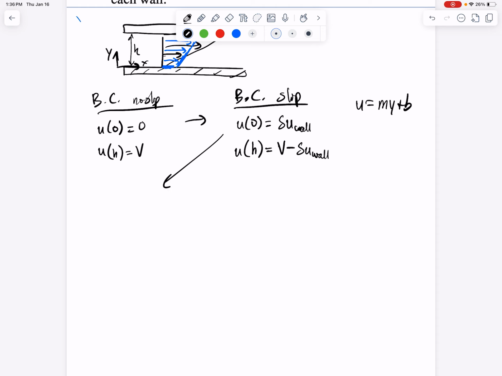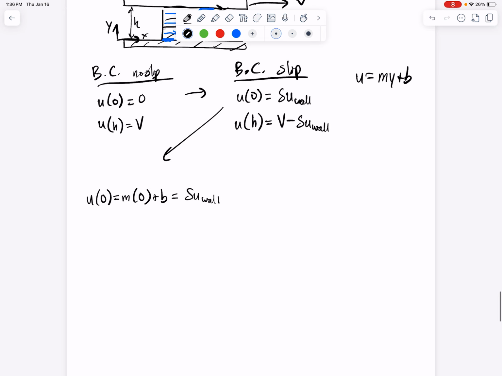So u(0) is equal to the slope times 0 plus b, equal to the slip flow. And that makes sense because at the origin, which is here, the velocity at the fixed wall is the slip flow. Okay, we'll hold that for now.